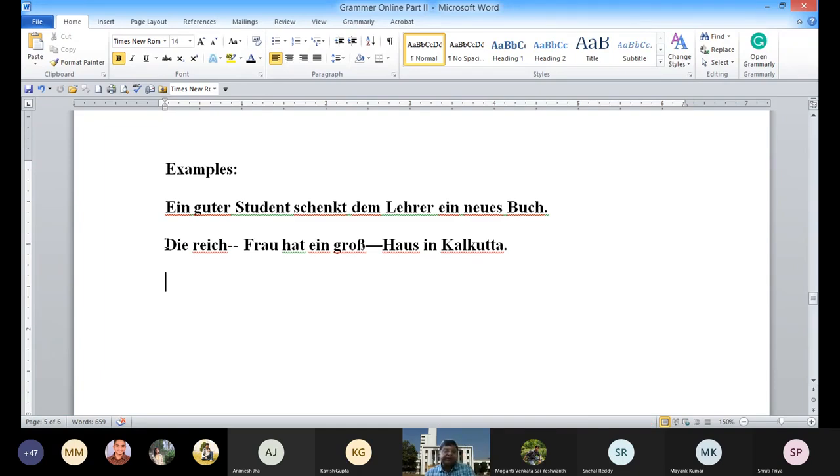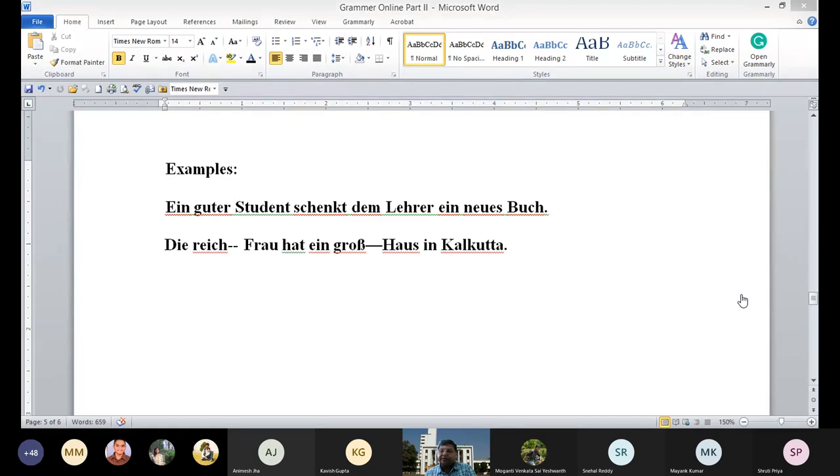Then I have written: Die reich Frau hat ein groß Haus in Calcutta. So after groß and after reich, you have to add the proper adjective ending. Sir, I missed a few minutes of the class because of the internet connection, around 4 minutes, so I'm a bit confused about it. Okay, all right. Let me ask others.